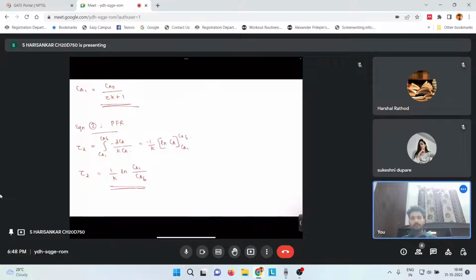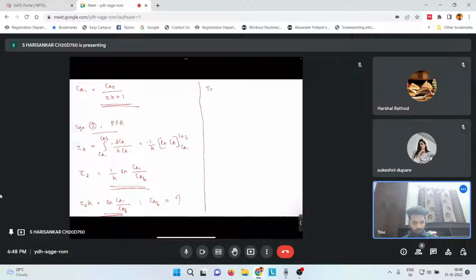Now if we take this K to the left hand side, tau2 K will be ln Ca1 by CAF. And from this, we have to find this CAF. We can find that by taking the exponential from both sides.